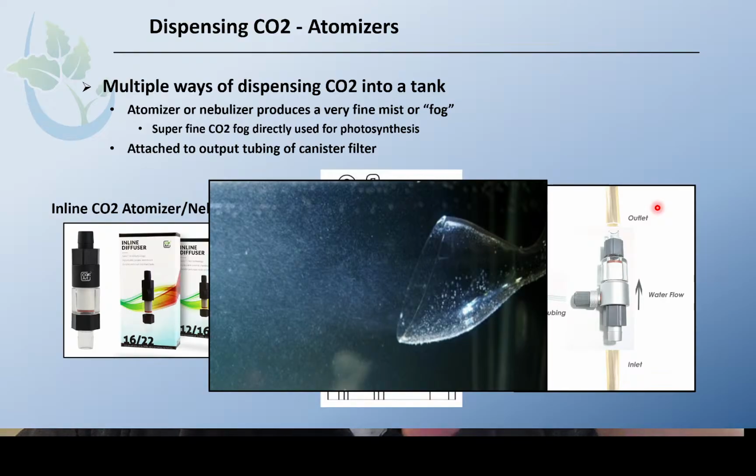I basically used this inline atomizer, and it went into basically an empty canister filter, and it gave time for the mist to basically saturate into the water. That's the only way I know to get around it. If you have a longer hose and tubing, it can potentially get more saturated in the tank, but it's one of those either love it or hate it kind of things.